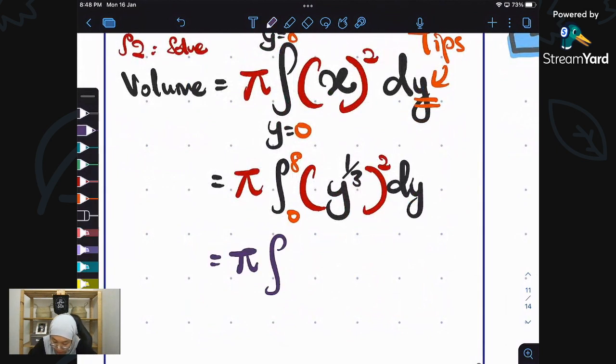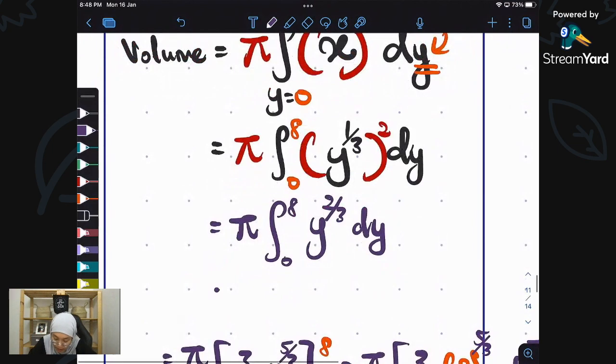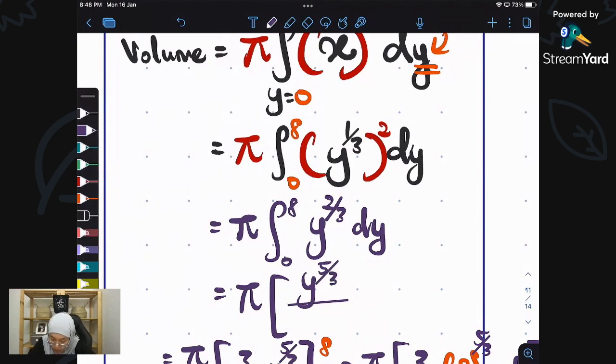So it will give me integral from 0 to 8 of y to the power of 2 over 3 dy. And here we go, barulah kita integrate dia, kita akan dapat berapa ni? y to the power of 5 over 3 over 5 over 3. Don't forget to put the limit, which is 0, 8.